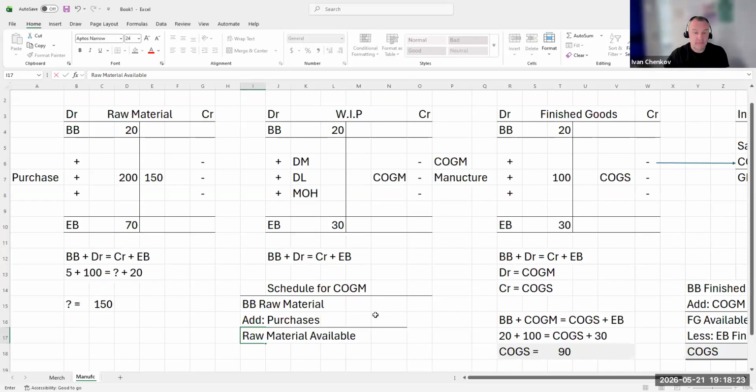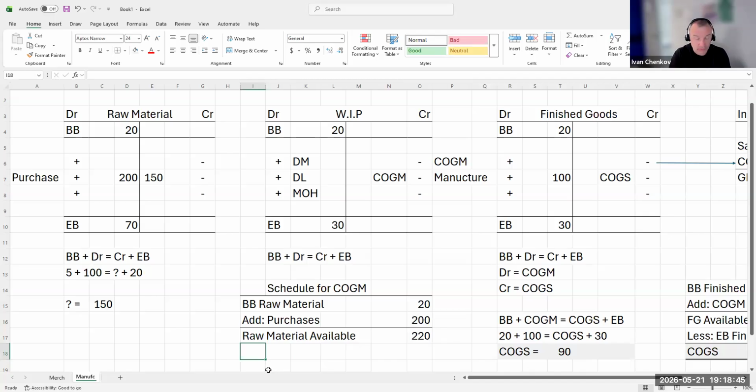Okay, so far so good. So let's put in the numbers that we have, because we do have some numbers. Let's use those numbers and see how it goes. We have raw materials of 20. We purchase for 200. Now we have available 220.